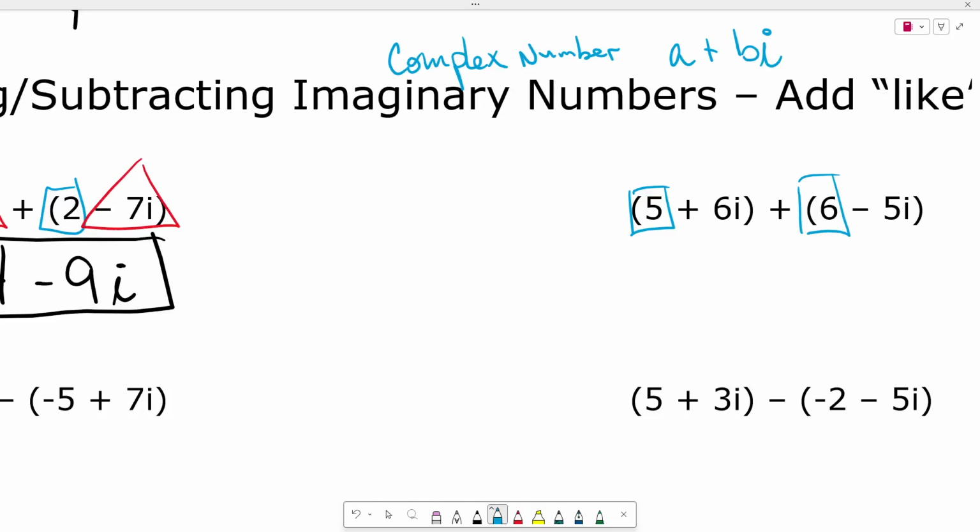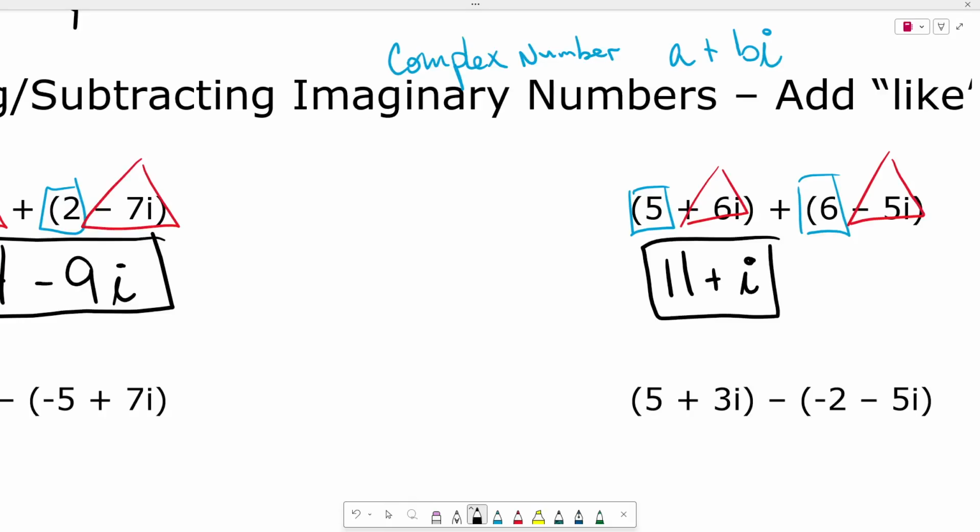So 5 plus 6 is 11. Then I collect up my imaginary portion: positive 6i and negative 5i. Put those together and that gives me a positive 1i, or just i. Remember, with variables we do not put the ones in front of them. They're understood to be there.